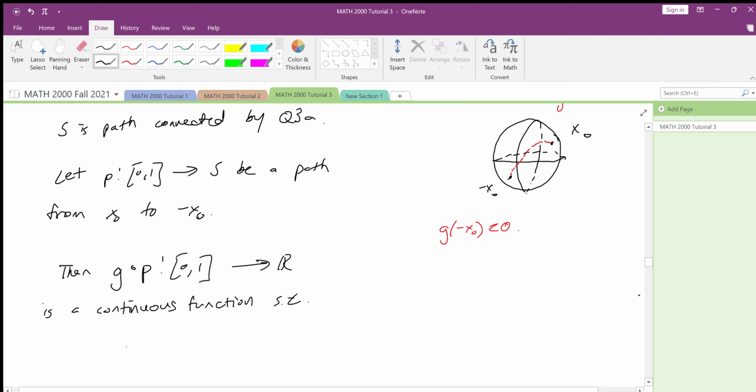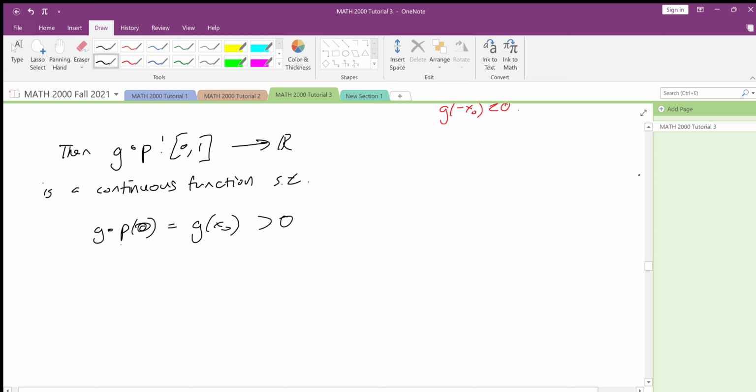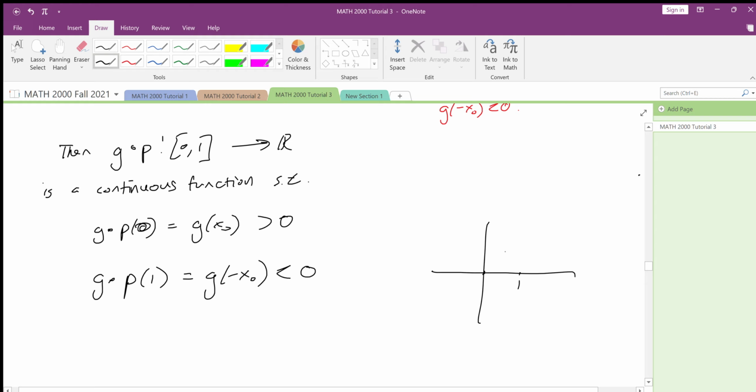Such that g compose P at 0, that's just g of x naught, which is greater than 0. And then I have g compose P at 1, that's just g of negative x naught, and I already said before that's less than 0. So for the function on the interval [0, 1], at 0 I'm above 0, and at 1 in the domain I'm less than 0.